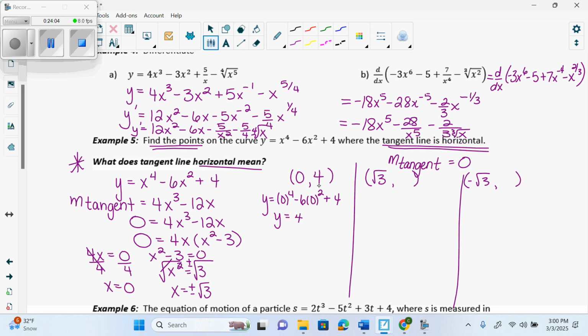Then I put in my root 3. y equals root 3 to the 4 minus 6 times root 3 squared plus 4. y equals what?